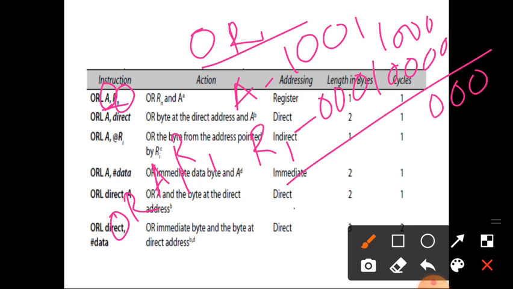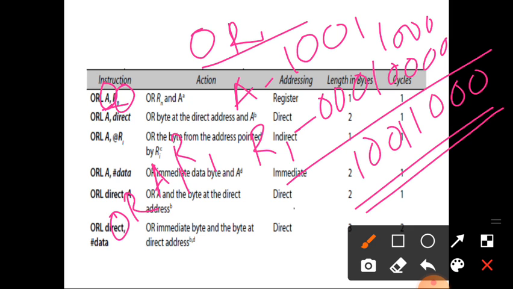Then for 0 and 1, output will be 1; both 1, output will be 1. So this will be the output after the OR operation on A and R1, and the result will be stored in the accumulator, that is A, the first operand.